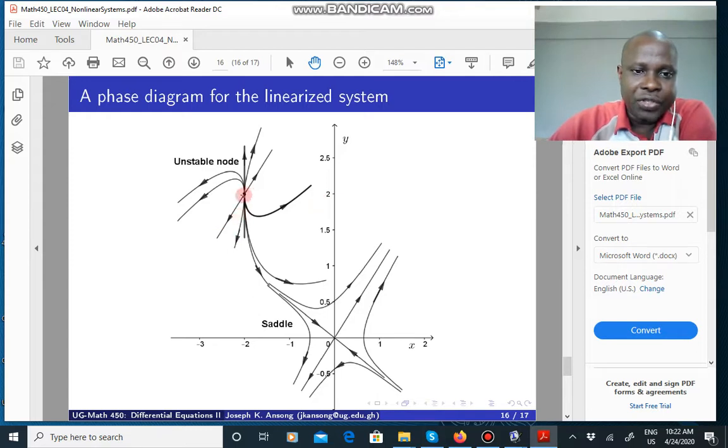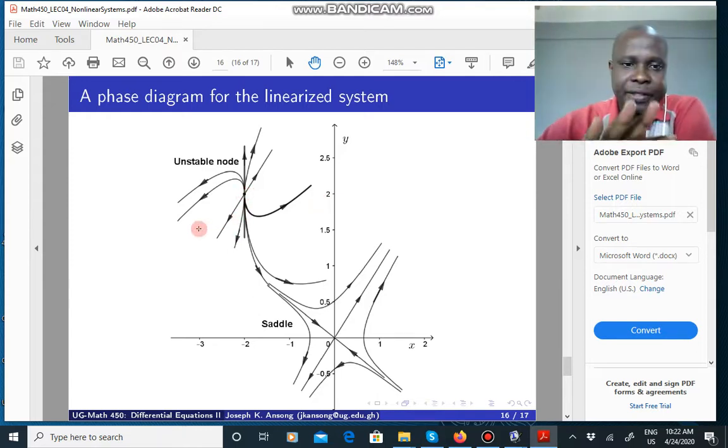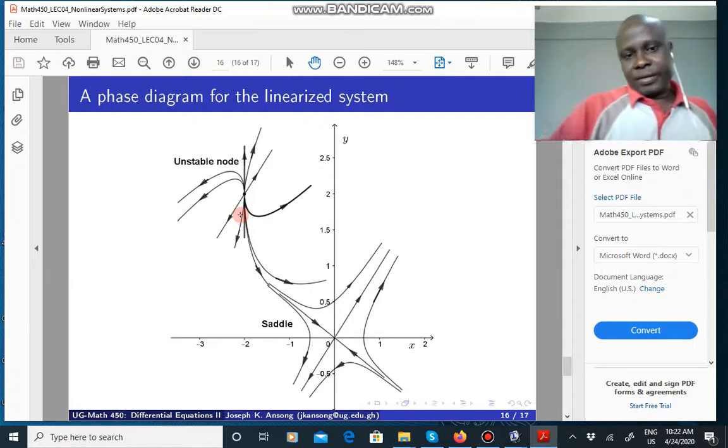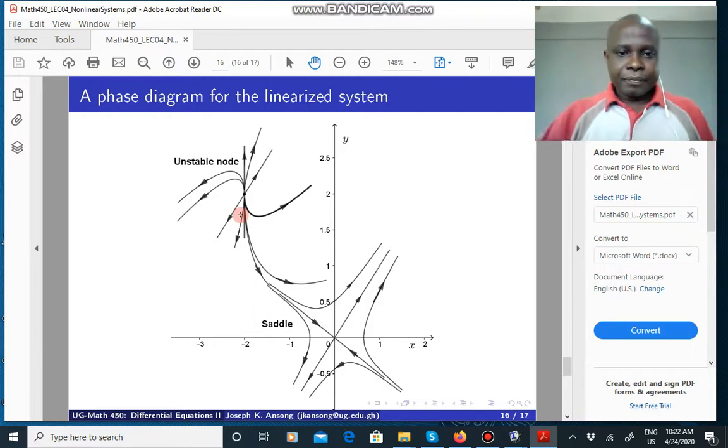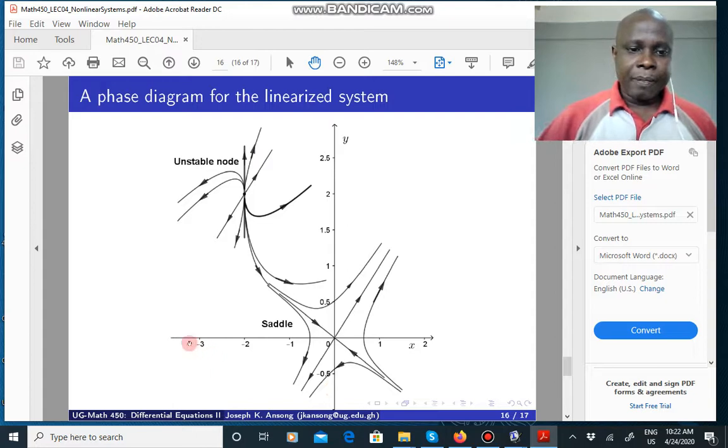And so this is also saying that if we had a solution for the whole nonlinear system, and you zoom in at negative 2, 2, you'll find trajectories behaving like this around this equilibrium point. So basically this is what the linearization approach does. It tells you the qualitative behavior of solutions around the fixed points, in this case negative 2, 2 and 0, 0. So I can't really say much when I move far away from these fixed points. All I can say is what is happening around the fixed points, all right?